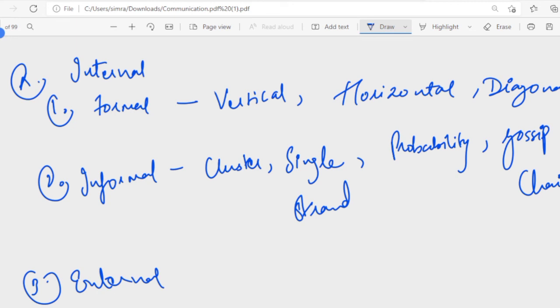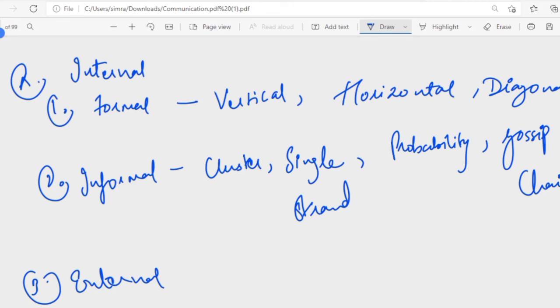Or if you are a manager of ABC company and talk work related with the manager of XYZ company, that is external communication. There are no such types. If you want, you can search on Google for the various types of external, but it's not important, trust me.